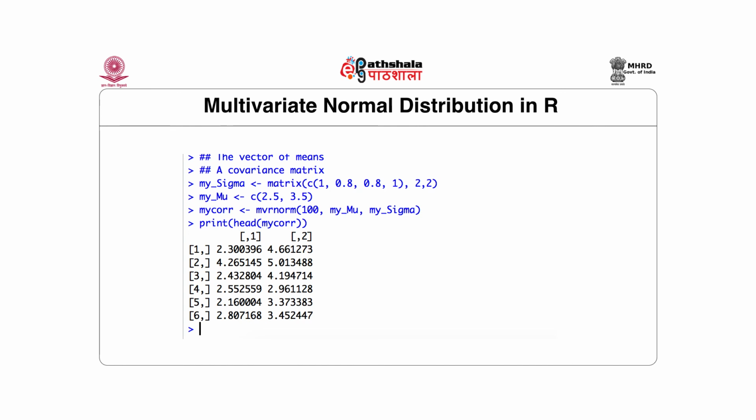And then what you do is you use the MVR norm, so multivariate normal data, to put in as many data points as you want. Here we opted for 100. You could have opted for like 1000.